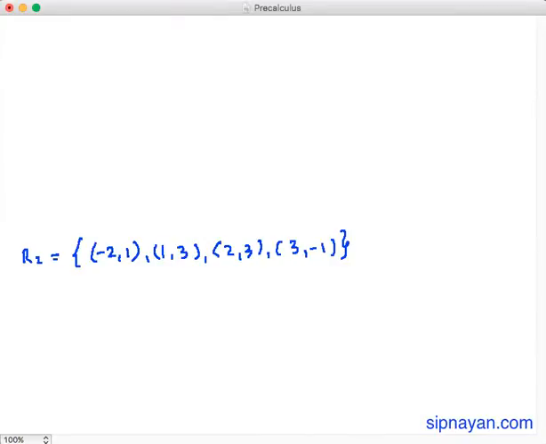So, halimbawa, meron tayong function na ang pangalan ay f.